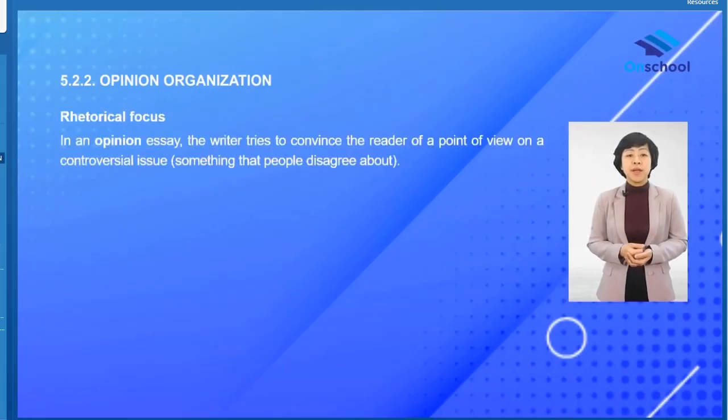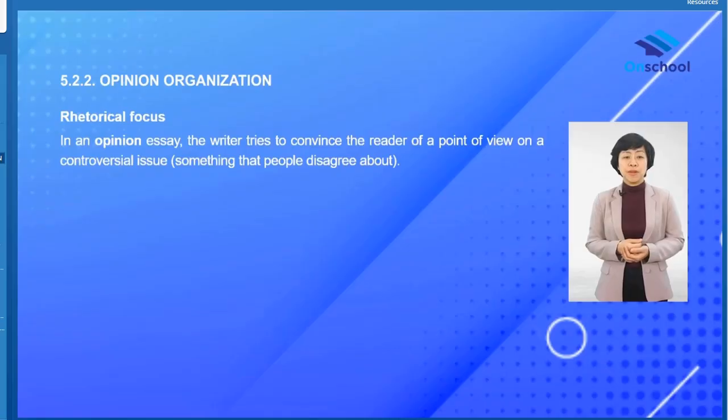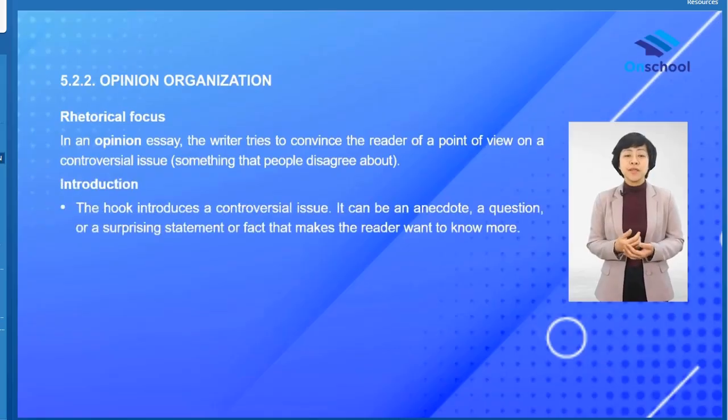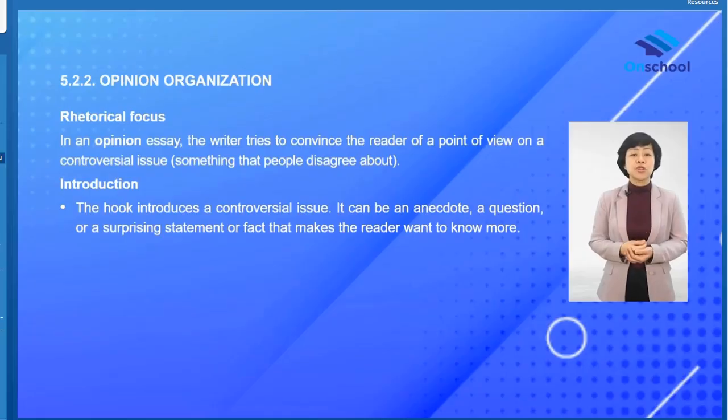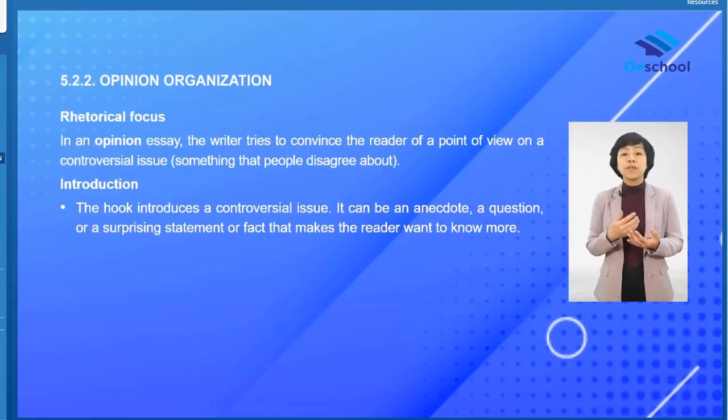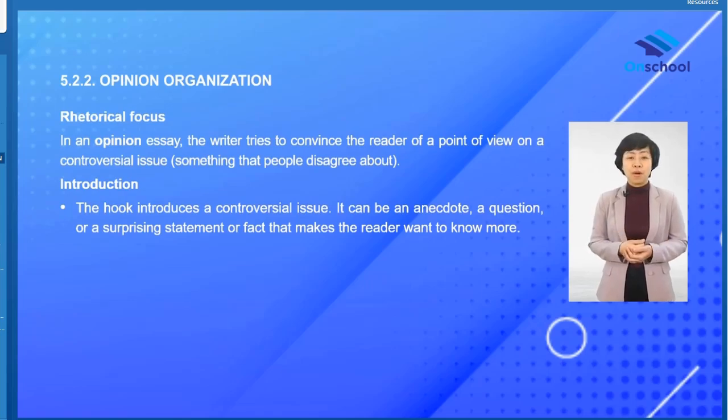In an opinion essay, the writer tries to convince the reader of a point of view on a controversial issue, something that people disagree about. The first part is introduction. The hook introduces a controversial issue. It can be an anecdote, a question, or a surprising statement, or a fact that makes the reader want to know more.